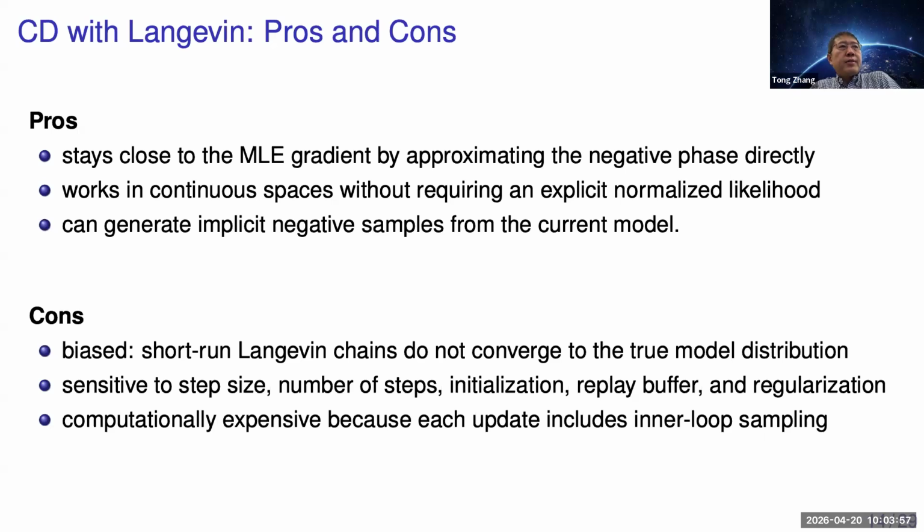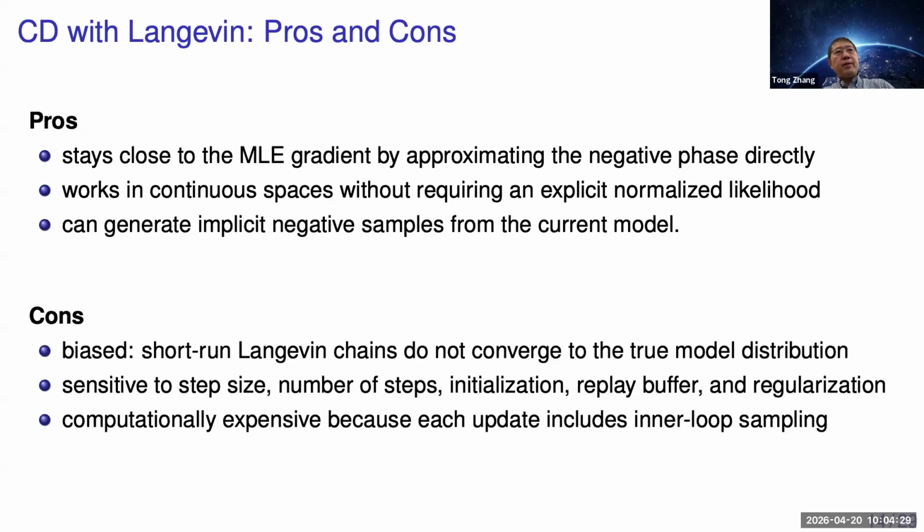Although there's a paper about using Langevin, CD has been around quite a while. Langevin is also known quite well, but Langevin plus CD is actually a recent paper from a few years back. It's pretty recent, but I don't believe it's as widely used compared to other methods because, as I said, it's kind of sensitive.